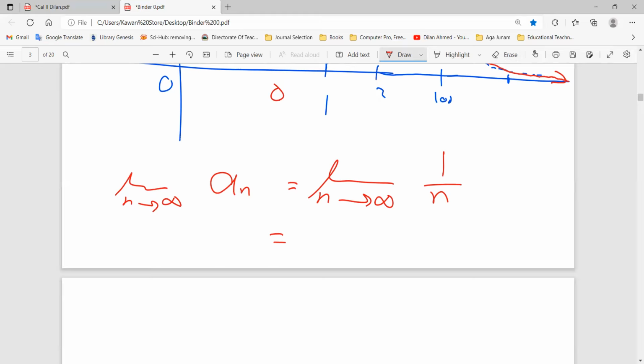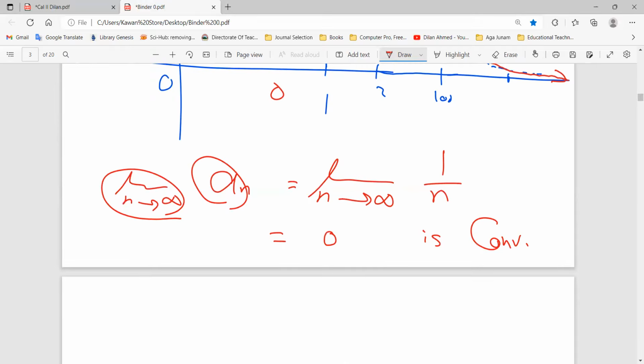We have 3 cases. Do you remember that? Upper greater than lower, lower greater than upper, they are equal. So it's equal to 0. Understood? So because the limit of AN is a number, a result, it is convergent. Understood? Clear? Okay.